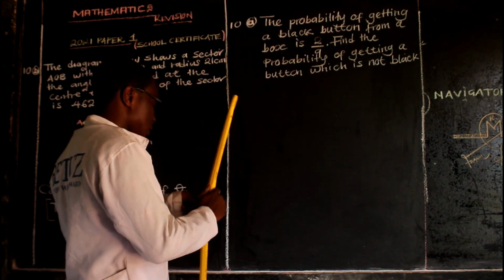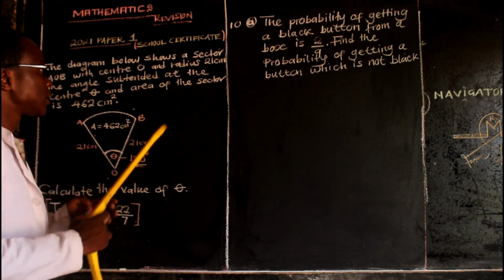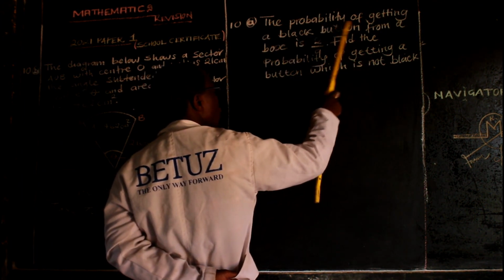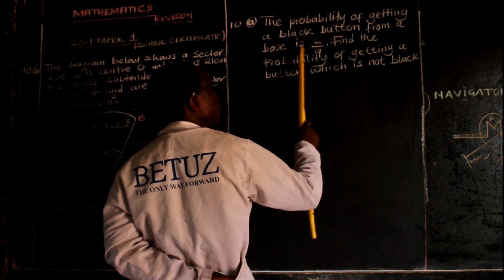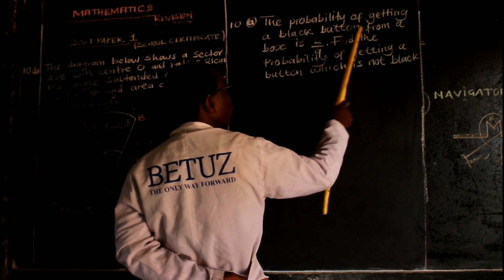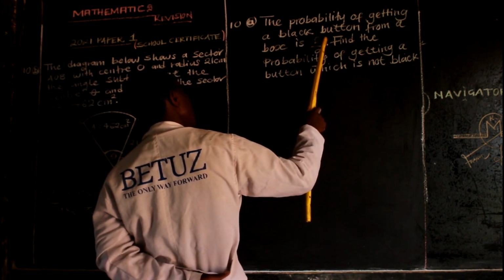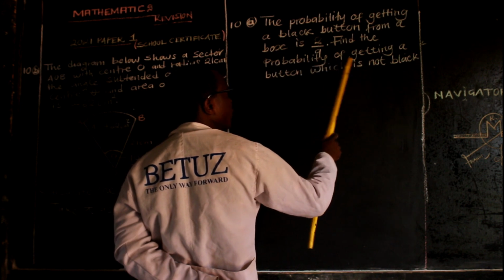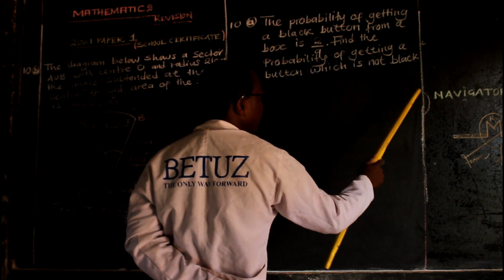So let us look at question number 10a, a question on probability. It's saying the probability of getting a black button from a box is 2/9. The question is saying find the probability of getting a button which is not black, the opposite.